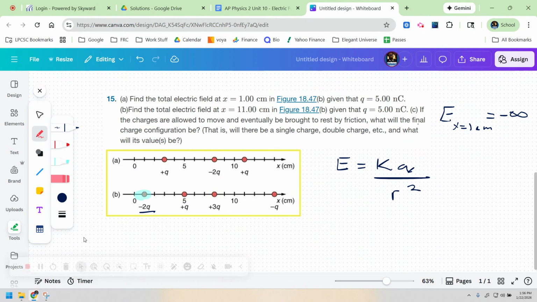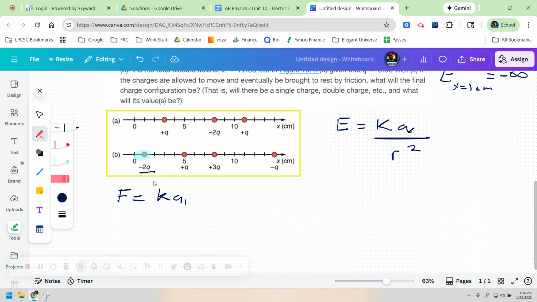So then your force is equal to capital K Q1, right, at 1, all over the radius squared from 1 to 11.